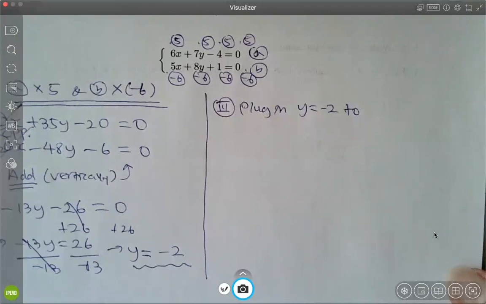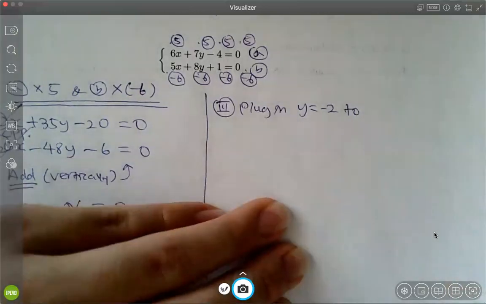So apparently old A or old B is easier than the new ones, right? Because the numbers are a whole lot smaller. Okay, so let's see, which one is easier? Maybe old A? I don't know, you can choose B, okay?